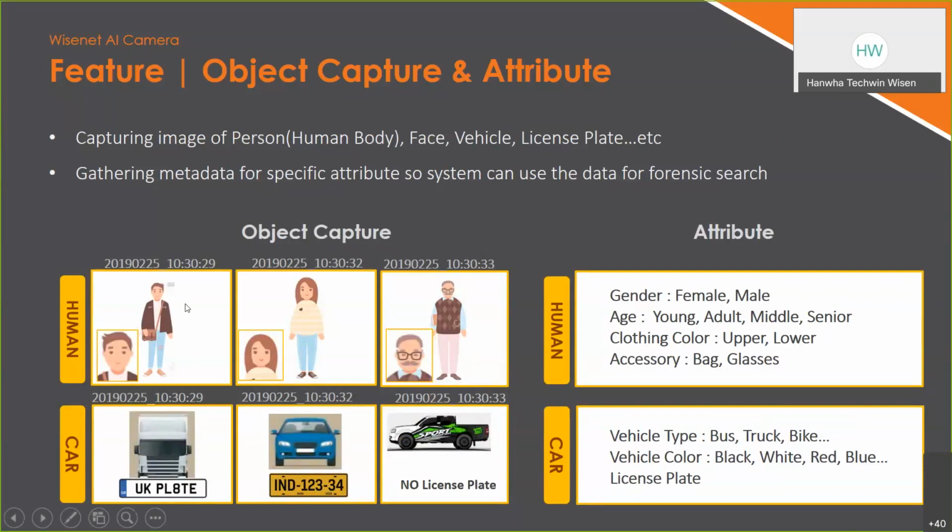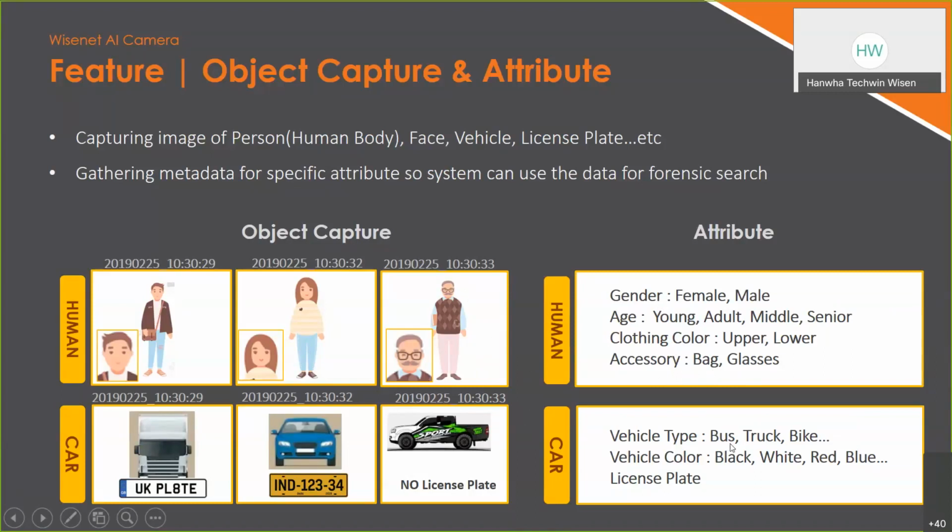So first, for the person, it will detect and send the best shot and get the attributes from the best shot, which are gender information, age, and clothes color. Clothes color will be like upper clothes and lower clothes. And also it will detect accessories like a bag or wearing glasses. And for the vehicle, it will detect the type of the vehicle.